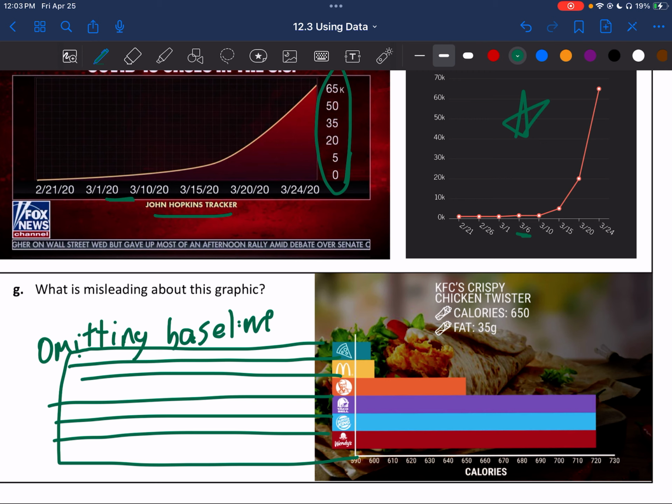So figure you've got six more of this entire graph basically to the left of it, showing you all of the rest of the calories. So it's misleading in terms of saying maybe KFC isn't quite as bad as some of the others. You're missing out on some of these differences.